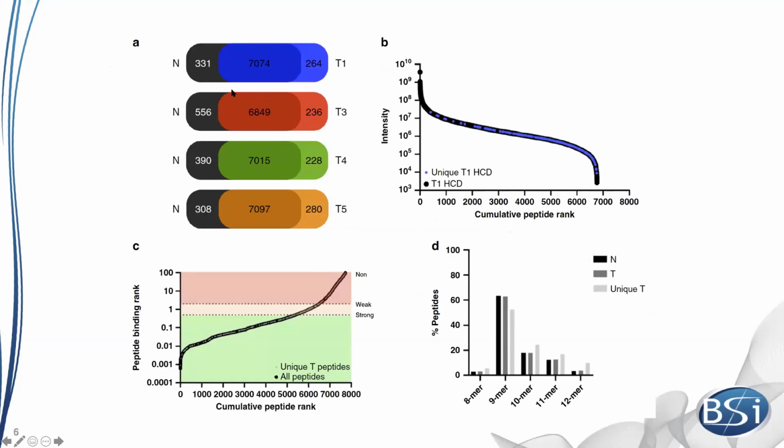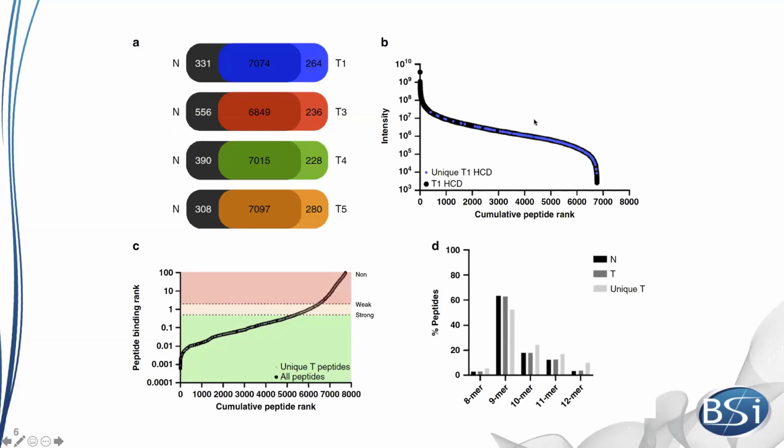What they found is that there was a large overlap between each of the tumors with peptides identified in normal tissue. However, they then go on to show that although there's a small fraction that are unique to each of the tumors, they are fairly abundant.